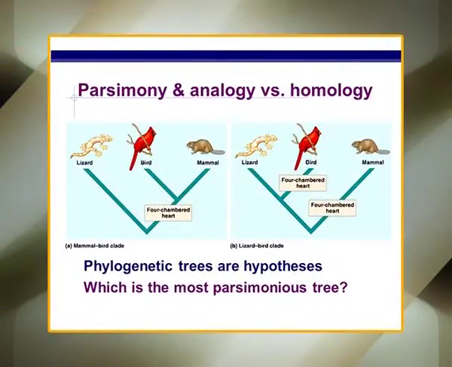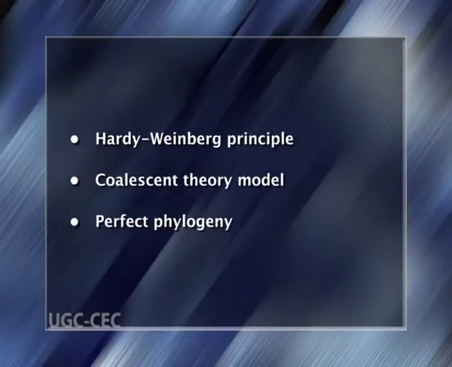Some are based on combinatorial approaches, for example parsimony, whereas others use likelihood functions based on different models and assumptions such as the Hardy-Weinberg principle, the coalescent theory model, or perfect phylogeny.